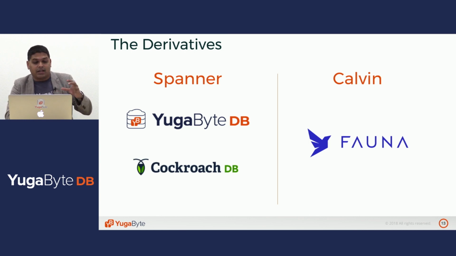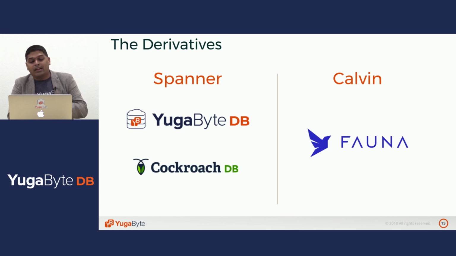Another database that is also inspired by Spanner is CockroachDB. On the Calvin front, since it was invented in academia, there is no real-world practical implementation available on day one, whereas Spanner was Google's primary revenue-intensive database engine.